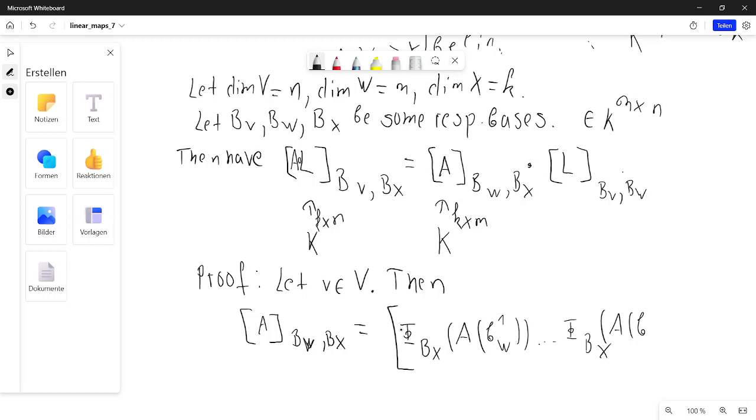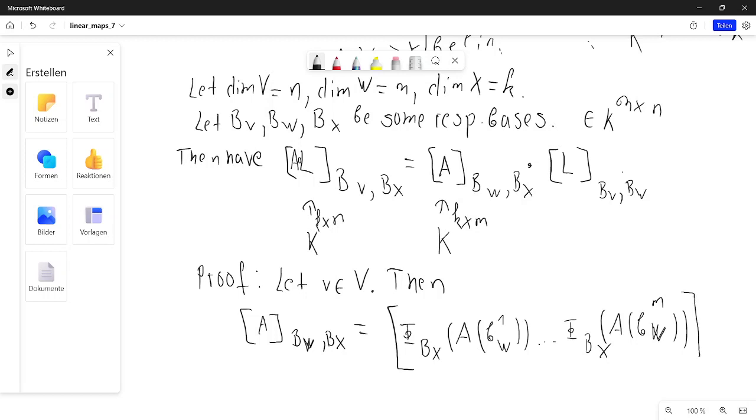And we have to map them and look at the coordinates of them in the target space, and this gives the representation matrix for the map A from W to X, right? And we have how many vectors in total? We have M vectors. All right.